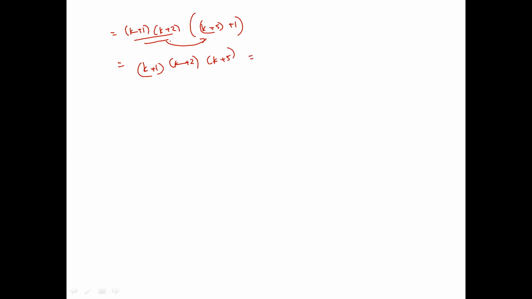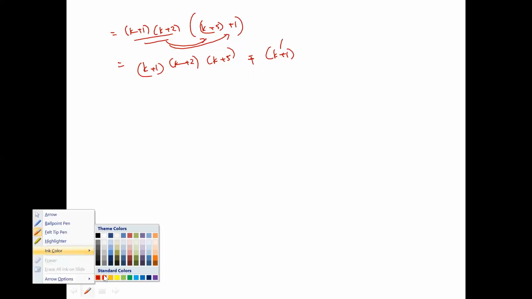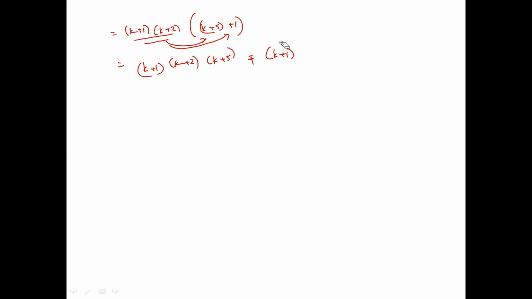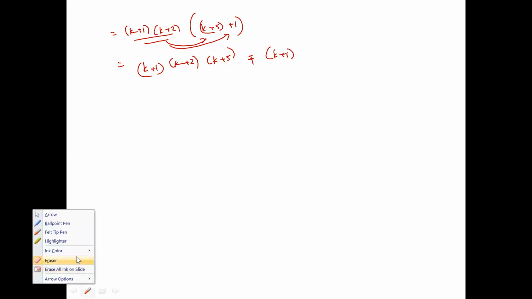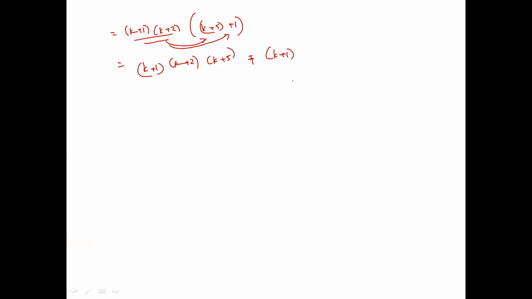And then when I distribute the other one, I will have plus k plus 1 into k plus 2. This is how I am distributing. Now further I will distribute.